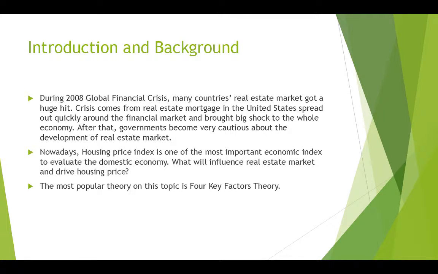We're going to talk about this topic because during the 2008 global financial crisis, many countries' real estate markets took a huge hit. The housing price index is one of the most important economic indices to evaluate the domestic economy. So our paper is based on 4 key factor theory.